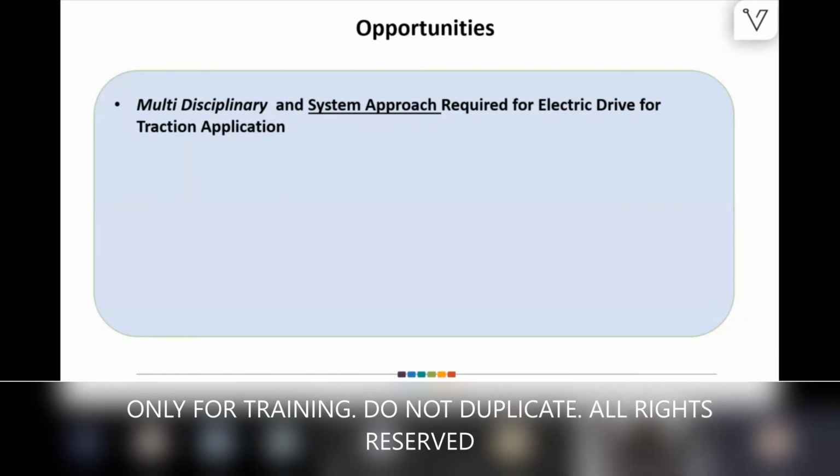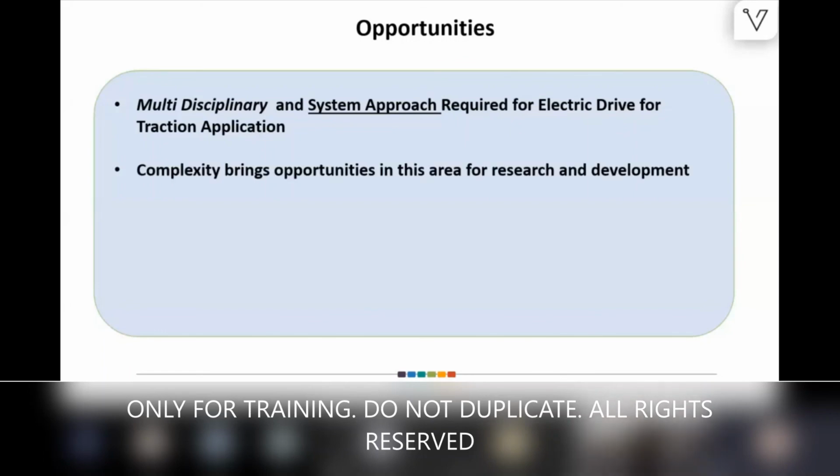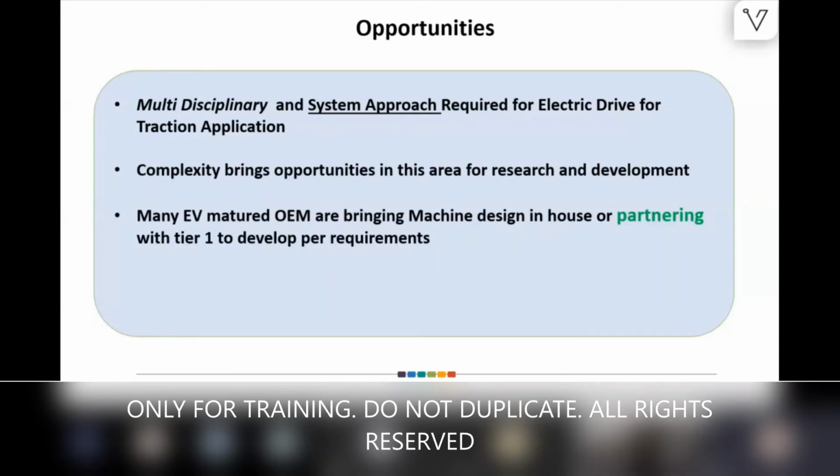Somebody should always be there guiding, giving this system view. This brings a sort of research and development, and many matured OEMs are not doing all of this themselves. They are partnering, bringing it in house, and trying to bring in fresh minds, fresh new people who have this expertise, because they are sitting somewhere else and doing some partnering.